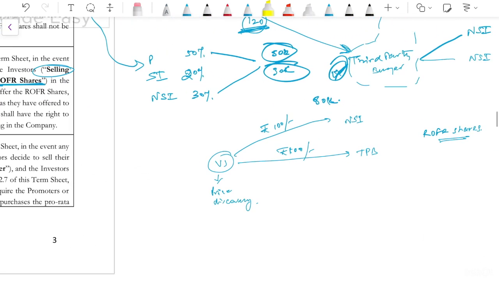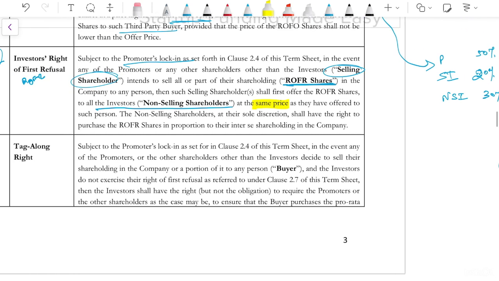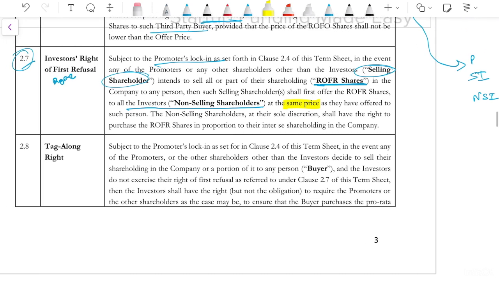Which means if I'm offering my shares to a third-party buyer at 100 rupees, I will first have to offer those shares to non-selling investors at 100 rupees. Then the non-selling investor may accept or reject. If they accept, they can buy those shares in proportion to their shareholding in the company. And in case they reject, then I can go and sell to a third-party buyer.